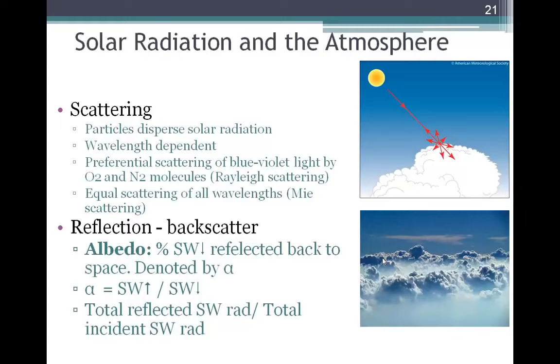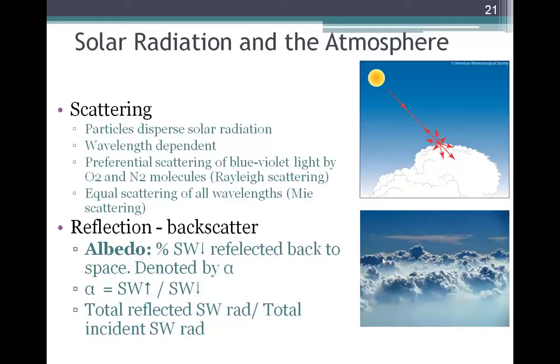For example, oxygen and nitrogen, which make up most of the gases of the atmosphere, preferentially scatter the blue and violet light that's coming from the sun. Those molecules scatter the blue and violet light, and that produces what we see as the blue sky. That type of scattering, where it's preferential to a particular wavelength, is called Rayleigh scattering.